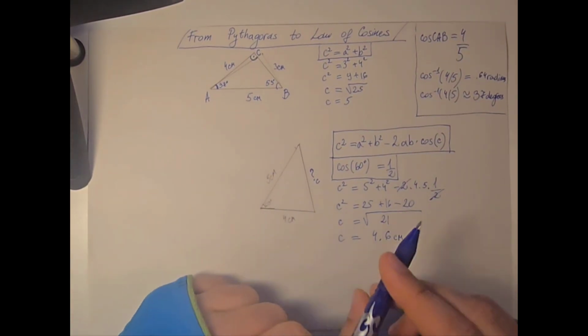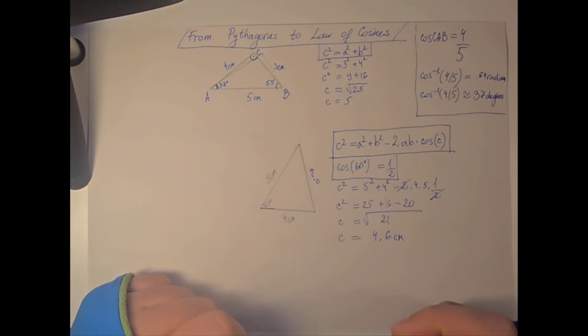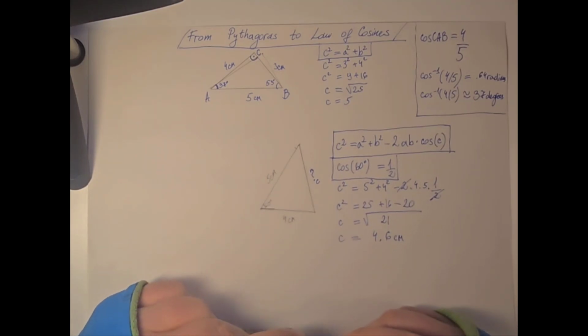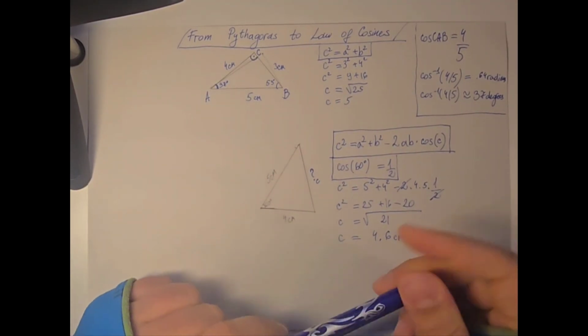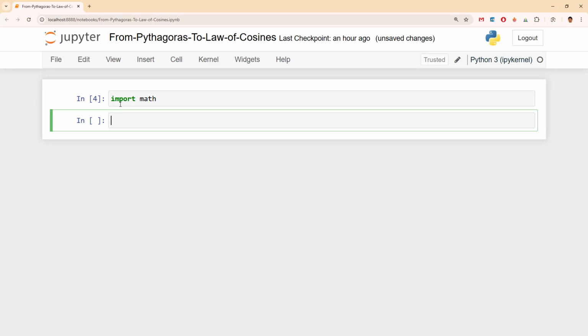Okay, so now let's take a look at the programming part of the triangle. Now let's try to replicate what we have done so far with pen and paper, but with Jupyter Notebook. So let's start by importing math. Why do we need to import math? Pretty much this would help us to go from degrees to radians.